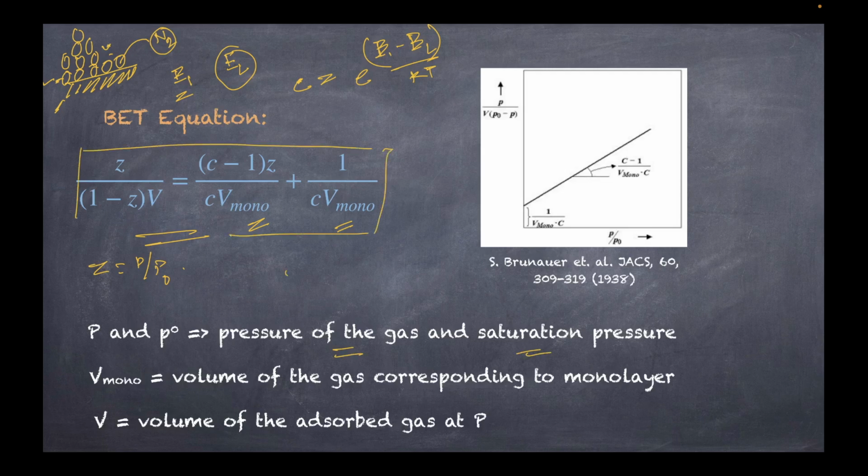It is like y equal to mx plus c, where y is this, x is Z, the slope m is equal to this term, and the intercept c is this term. If you plot y versus x, we can get a slope and an intercept. The values of the intercept and the slope are given, so we have to find the volume corresponding to the monolayer coverage. Here in this expression, V mono is the volume of the gas corresponding to the monolayer, so it is the volume of the monolayer coverage.